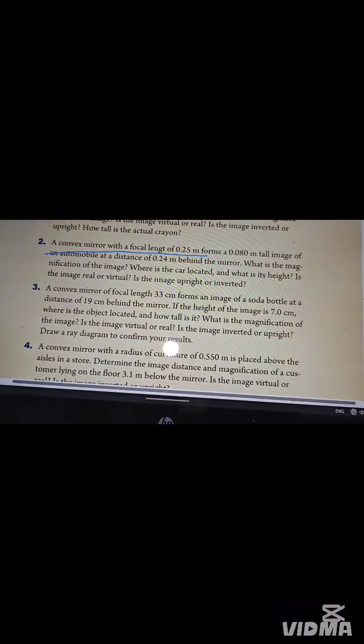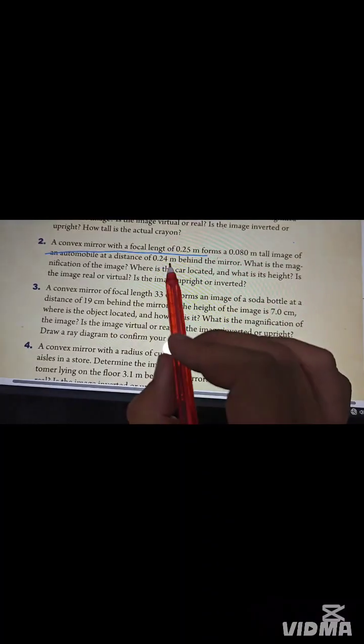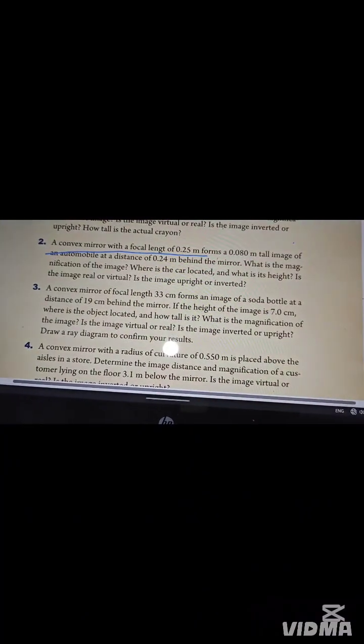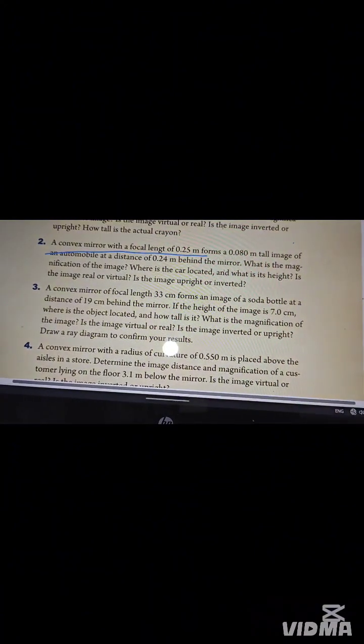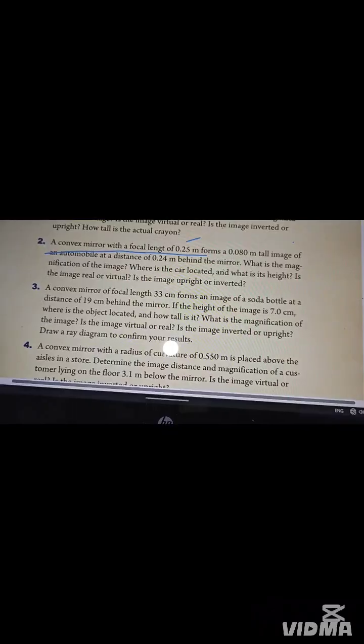Because again it's convex, the value of f must be negative. The value of f is negative, so the focal length is negative 0.25 meter.